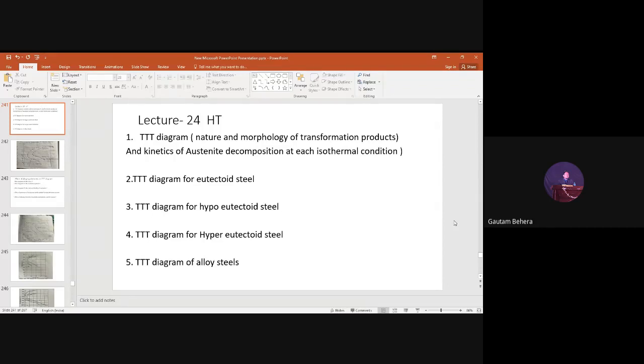So in the last lecture, we discussed the decomposition of austenite.